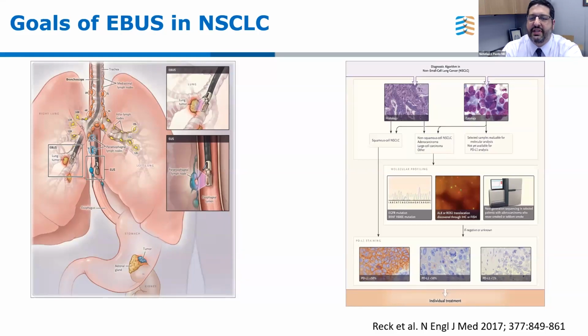Small cell has a different staging system, as you know, but in the realm of non-small cell, what type? And that's not enough now. That used to be enough 20 years ago. Now we want to know, is there a mutation in non-small cell? We want to know PD-L1 score, as those are potentially patients that could get targeted therapy or immune checkpoint inhibitor therapy.